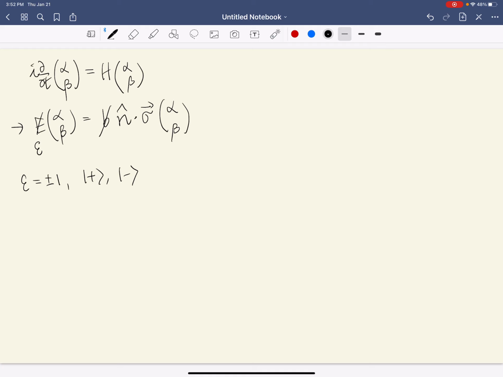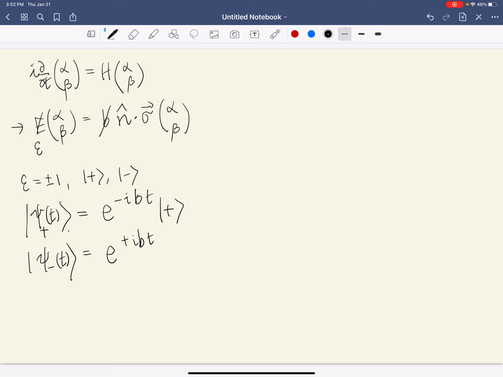And restoring time dependence, I find that there are two eigensolutions to this problem, which will be that, and the other one would be that.